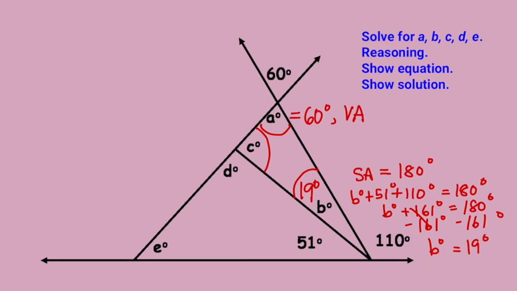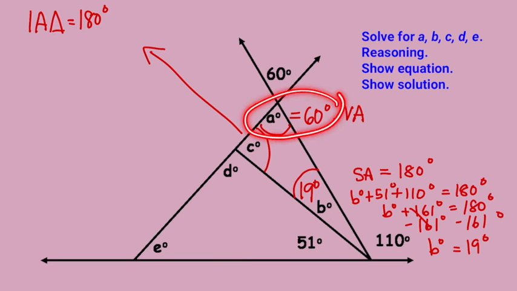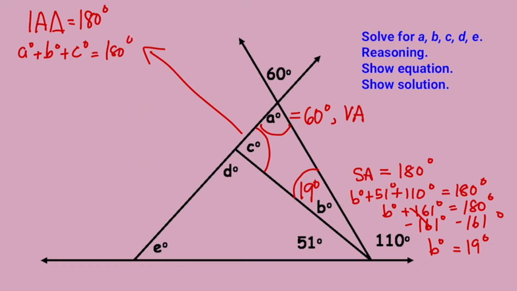Next, let's solve for angle C. Solve it and answer the question. Did you get it? Let's move the solution over here. To solve this, you will use the interior angles of a triangle rule. We know interior angles of a triangle total 180 degrees. As you can see, we have angle A, which is 60, angle B, which is 19, and the unknown is angle C. So A plus B plus C equals 180.